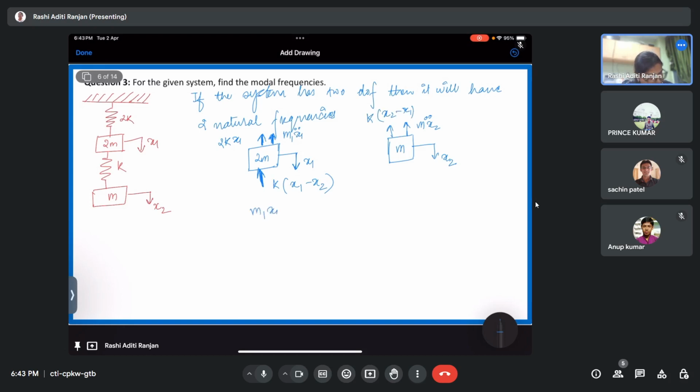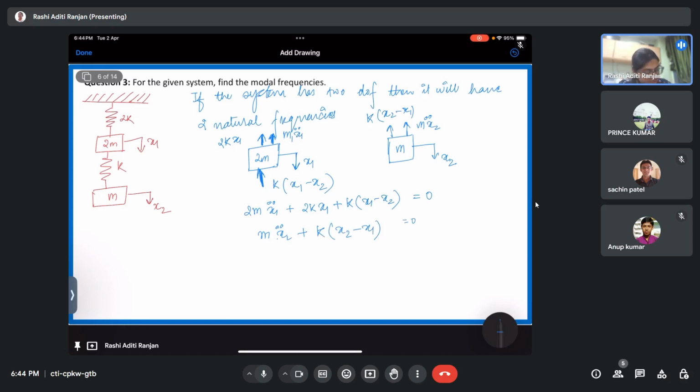I'll have m1 x1 double dot plus 2k x1 plus k into x1 minus x2 equals 0. And the second equation would be m2. No, there is no point of m1, m2. This is actually 2m, right? And this is m x2 double dot plus k into x2 minus x1 equals 0.